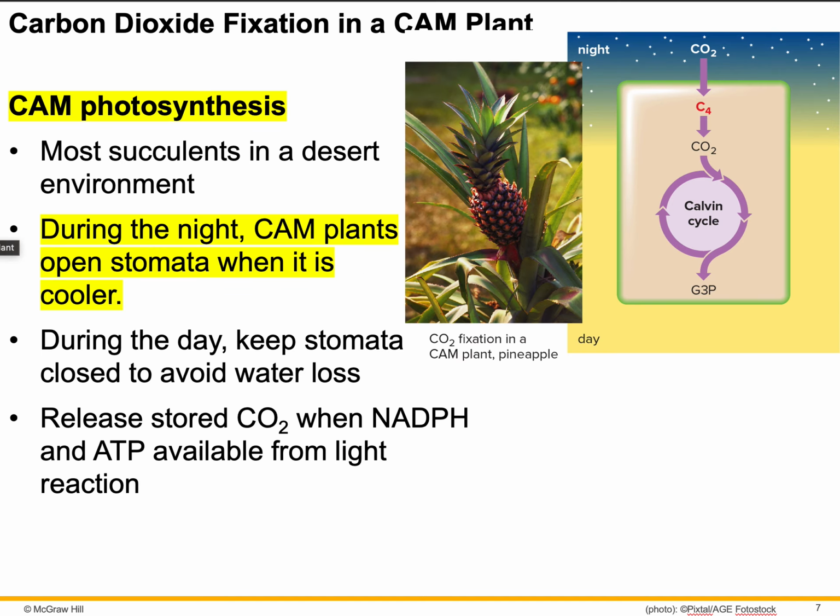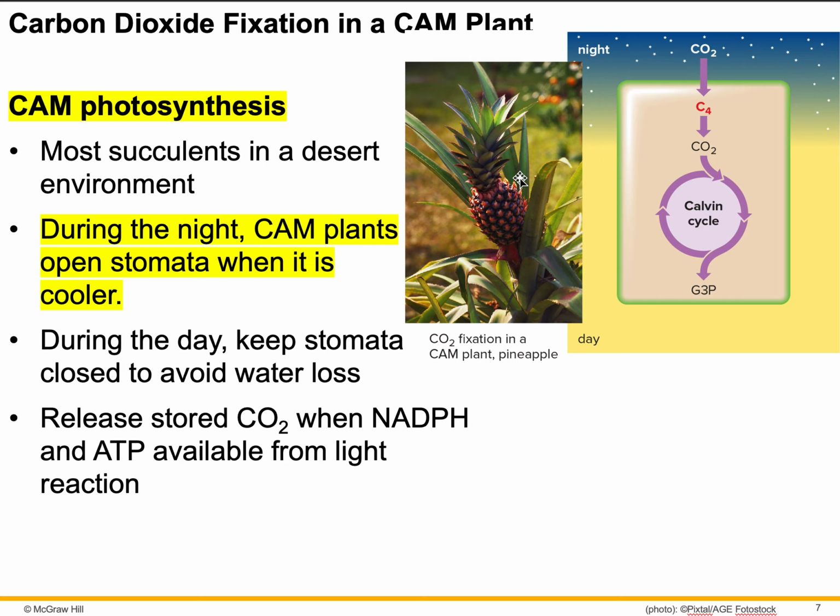So there are some plants that have adaptations because they live in extreme environments. And so this is a really good example of an adaptation. So this specific plant, you see a pineapple.